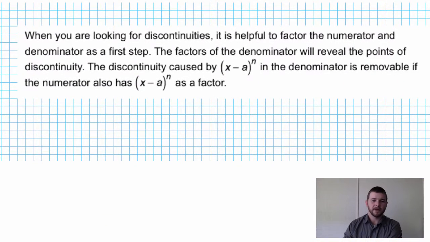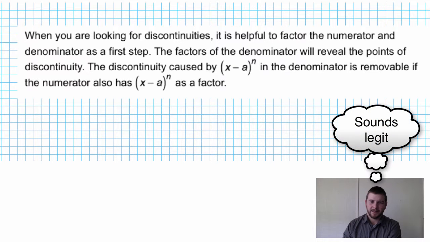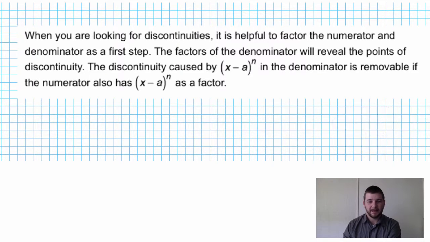When you are looking for discontinuities, it is helpful to factor the numerator and denominator as a first step. The factors of the denominator will reveal the points of discontinuity. The discontinuity caused by (x minus a) to the n power in the denominator is removable if the numerator also has (x minus a) to the n power as a factor.